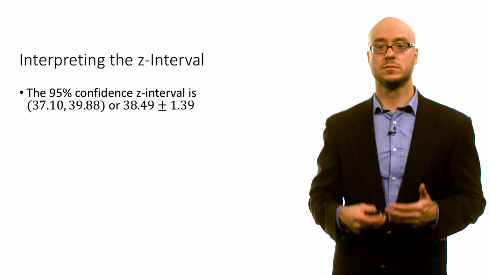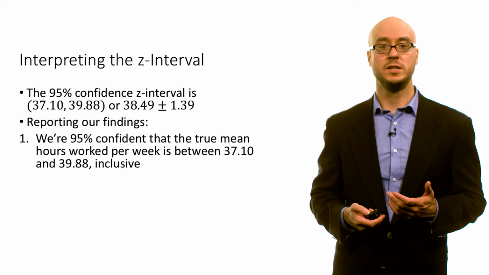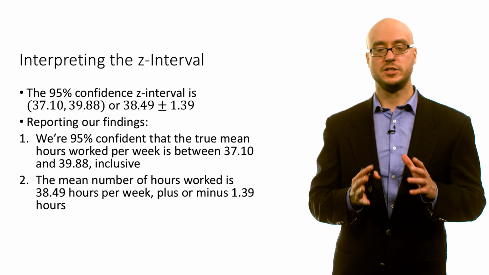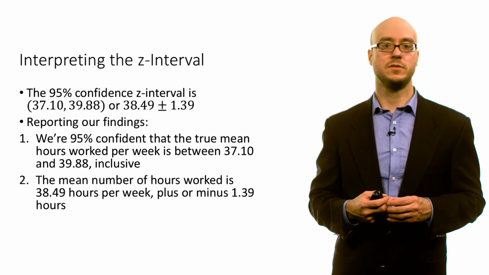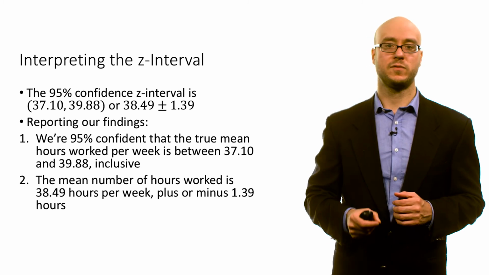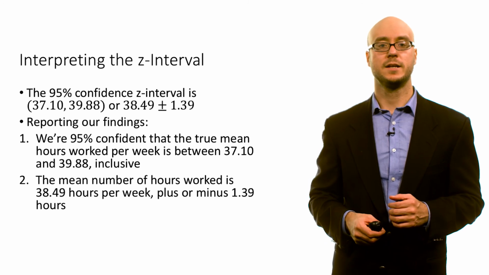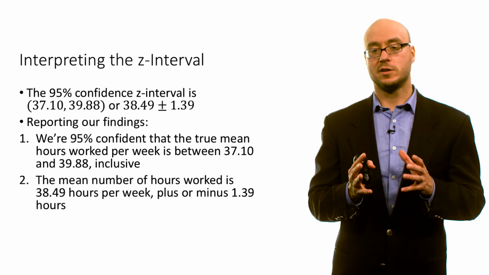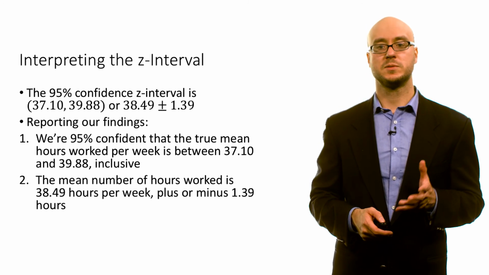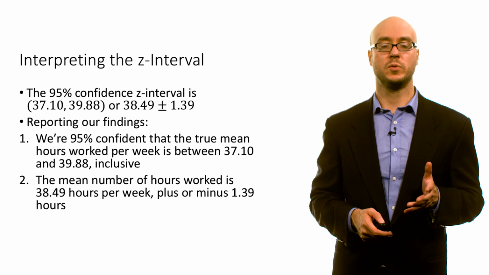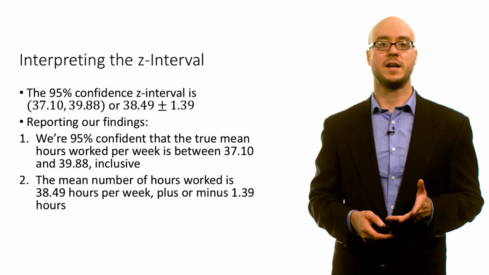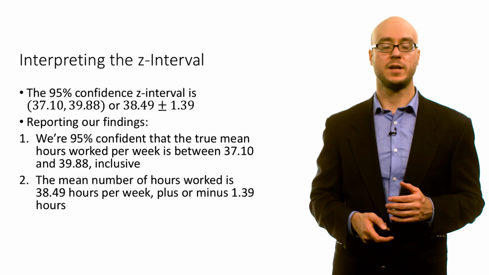To interpret this interval, we just interpret it as we did before. And there are two different ways you can present this result. You can use parentheses, or you can just say it's 38.49 plus or minus 1.39. We can also word it in two ways. We could say we're 95% confident that the true mean hours worked per week is between 37.1 and 39.88, or we can say the mean hours worked is 38.49 hours per week, plus or minus 1.39 hours.